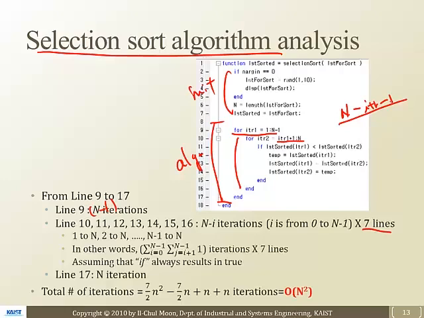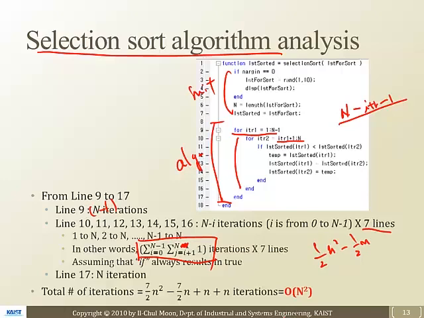And how do we count this many iterations? We can apply this idea, and this is going to be just n here. Then we can easily calculate this one, and the result is n squared minus n.